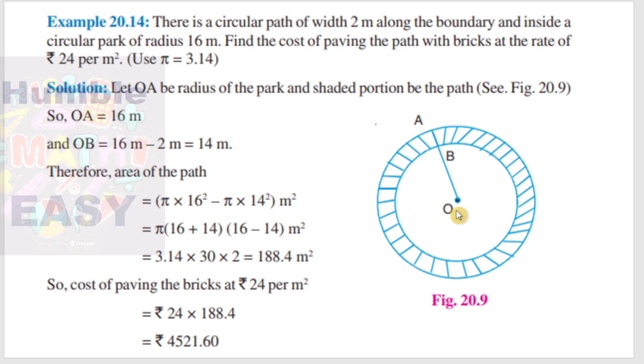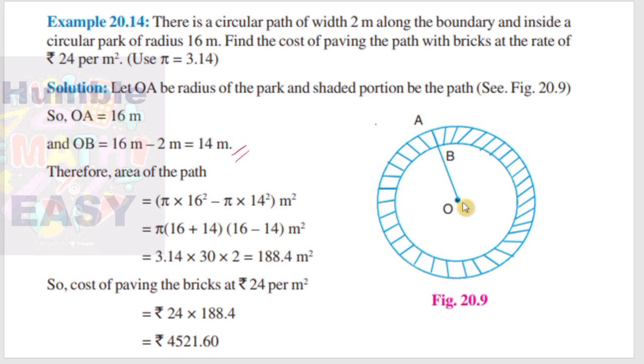Considering this is our circle, let OA be the radius of the park, and the shaded portion is the path. So OA is 16, while the path is 2. So OB is 16 meters minus 2 meters, because the distance of A and B is 2. So we have 14 meters as the radius of OB.